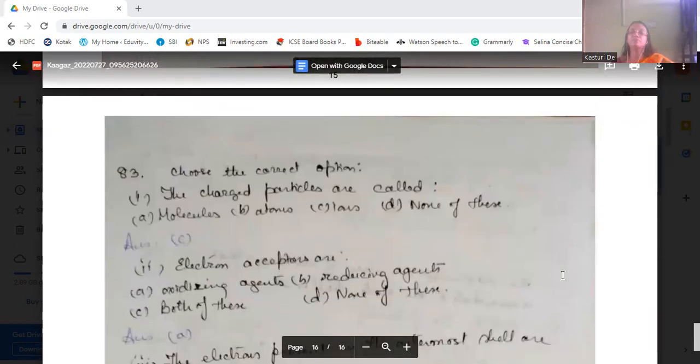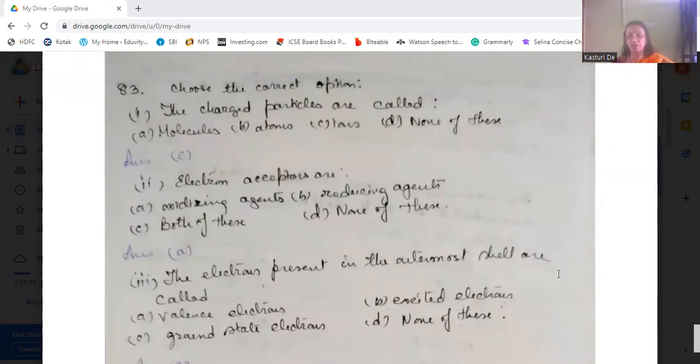Then choose the correct option. The charged particles are called ions. Electron acceptors are known as oxidizing agents, and they reduce the substances.